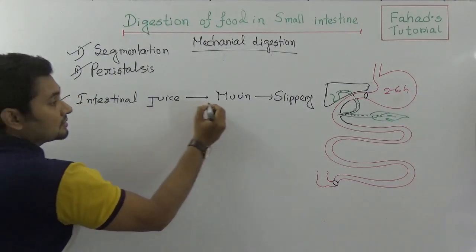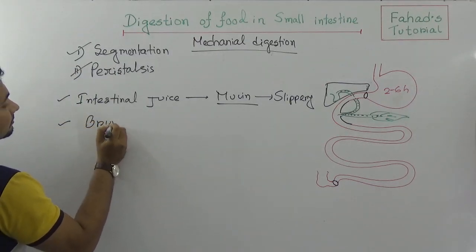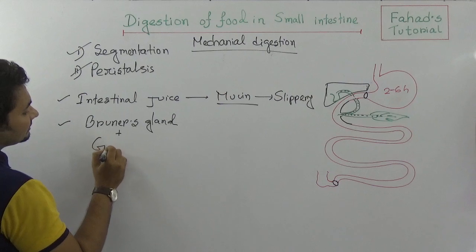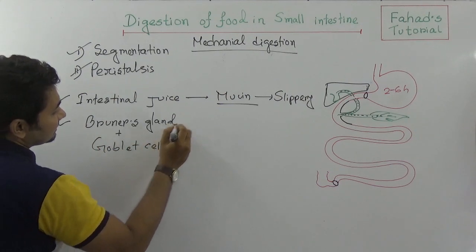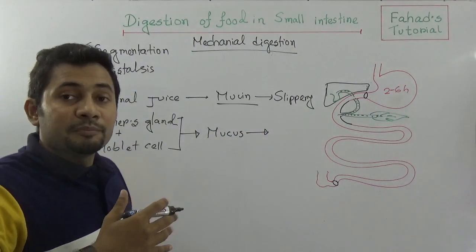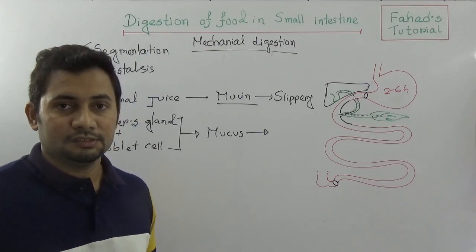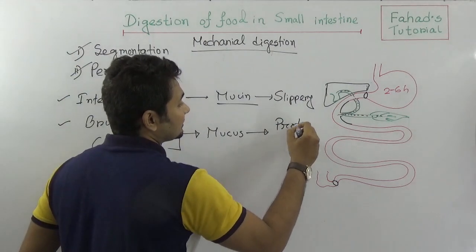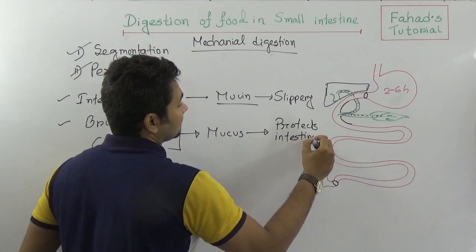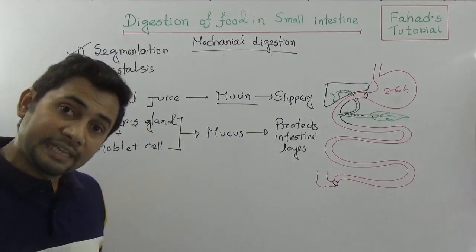Number 2, Brunner's glands and goblet cells produce mucus, which protects the intestinal layers inside from enzymatic actions. So we can say it protects the intestinal layers from the enzymatic actions.